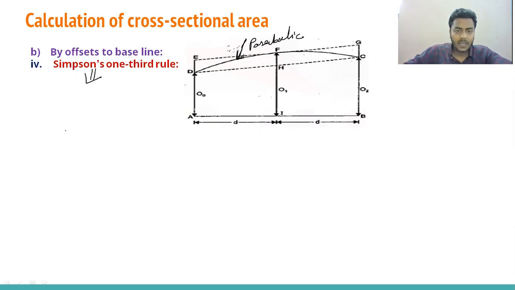So we can calculate the area. We have to calculate the area A, B, C, F, D. I am assuming that this one is delta 1 and this one is delta 2.